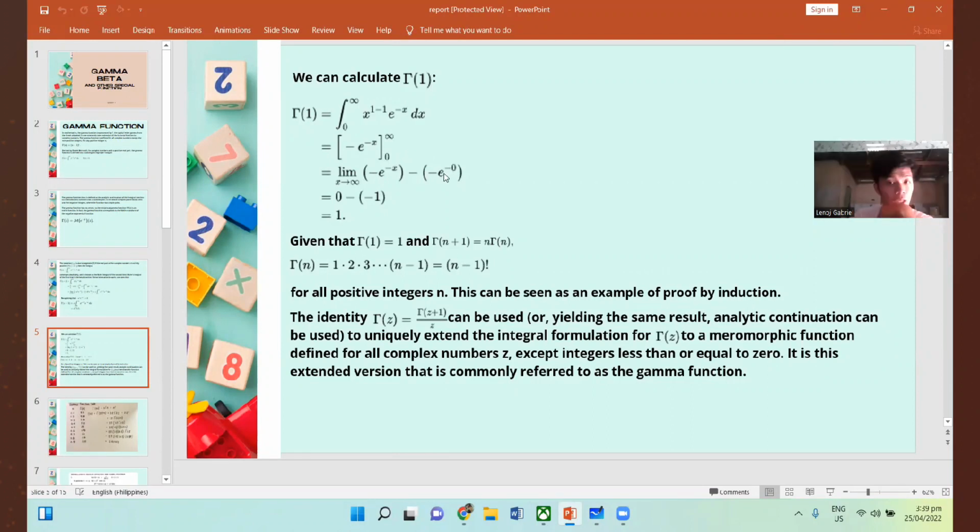Then negative e raised to 0 is negative 1. So therefore, 0 minus negative 1 is equal to 1.